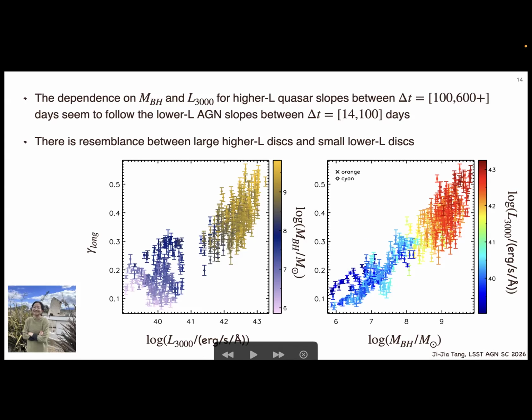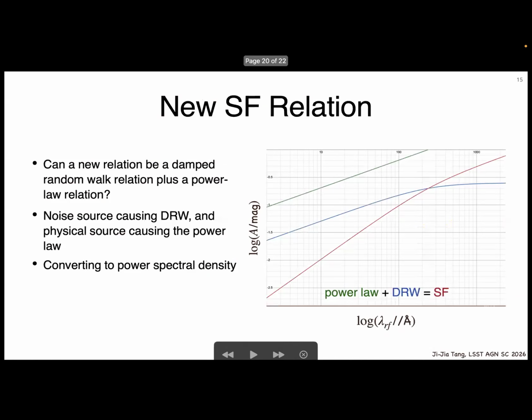But the change in slopes corresponding to luminosity and black hole mass is continuous. So that means that the small disk on the low luminosity black holes is probably having the same mechanism as the large high luminosity disk. So we still don't know what the actual mechanism controlling this is yet.